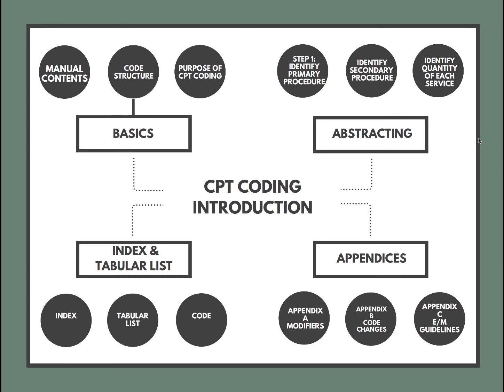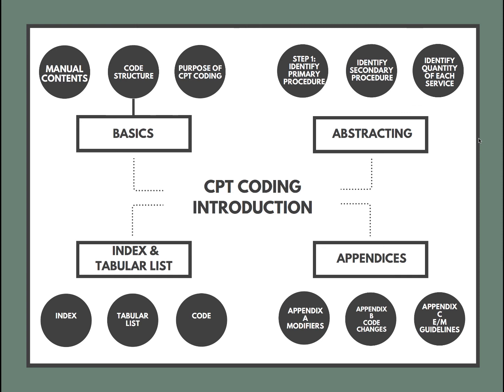The last step, step 3 of abstracting, is to identify the quantity of each service. Although you might not be responsible for preparing the claim, you are responsible for identifying the quantity for each code because quantity is reported differently for different codes. For services that can be repeated multiple times during one operative session, such as removal of lesions, the quantity reported with the code is going to vary based on the code definition.